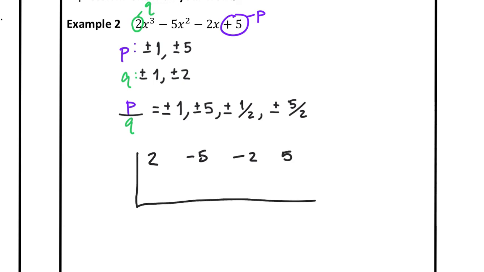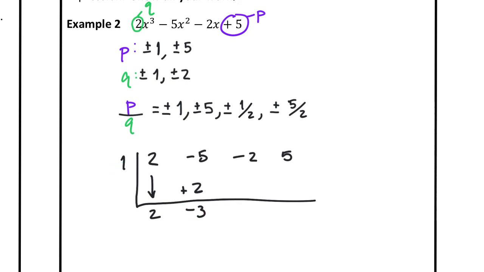Set up the synthetic division, bring down the first number, and then test out which one's going to work. So again, let's try out +1. I usually like to start with the smallest one. What's 1 times 2? 2. What's -5 plus 2? It's -3.